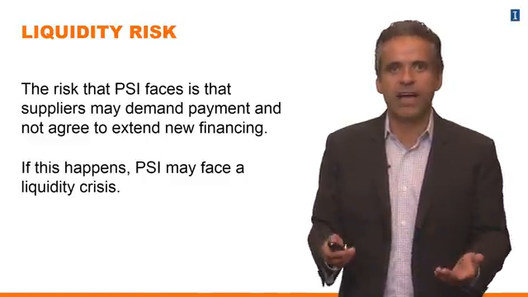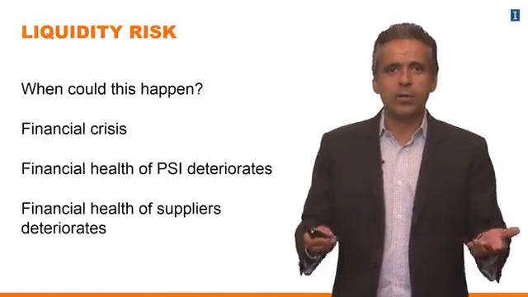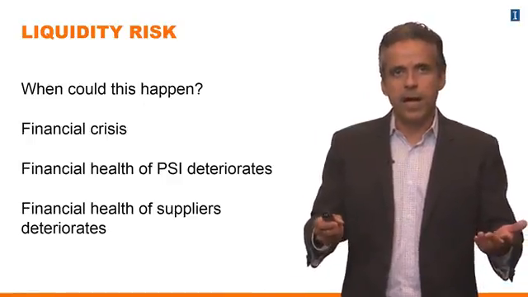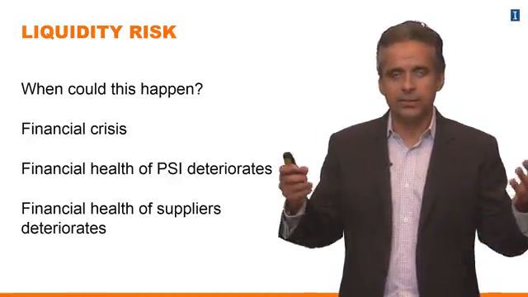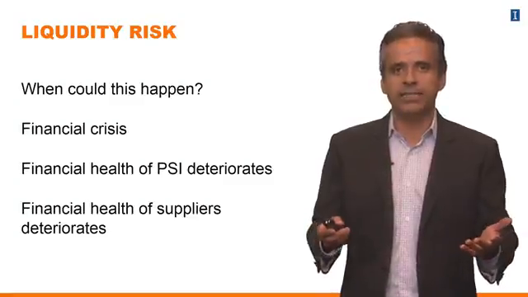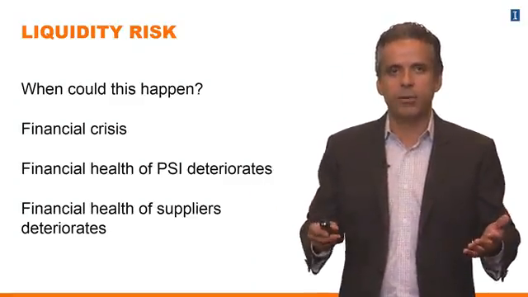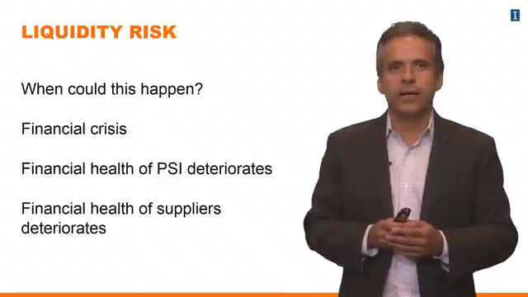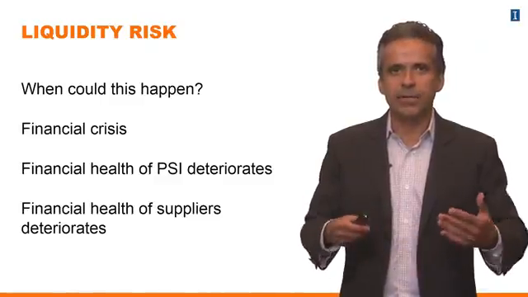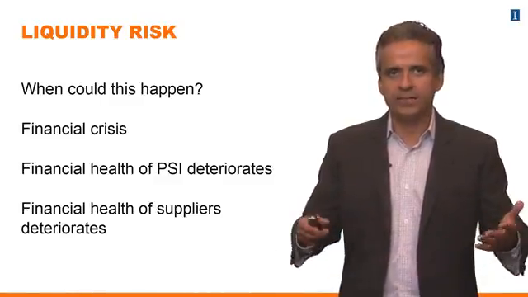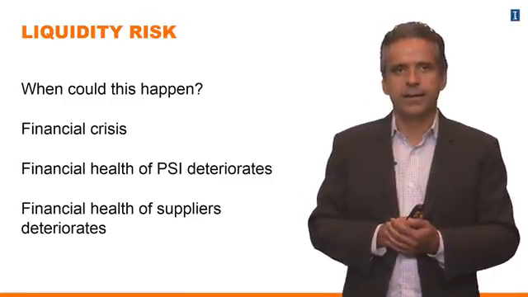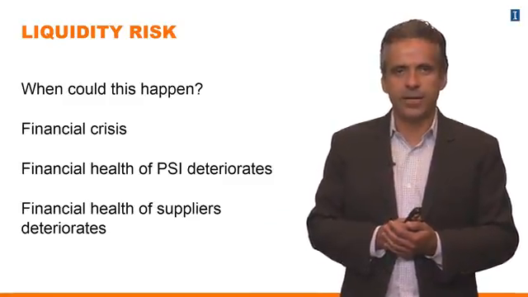So they cannot refinance. When could this happen? One situation is an overall financial crisis. There might be an economy-wide financial crisis where all companies want cash immediately, they want to retain cash, so the suppliers may deny additional financing to PSI.